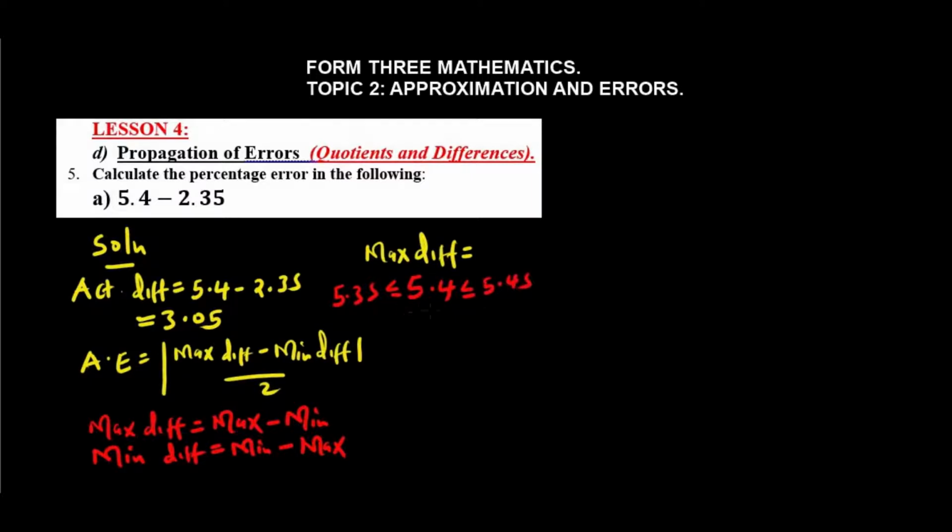We also have for 2.35, 2.345 up to 2.355, so that the maximum difference will be the maximum value of 5.4, which is 5.45, minus the minimum value of 2.35, which is 2.345.